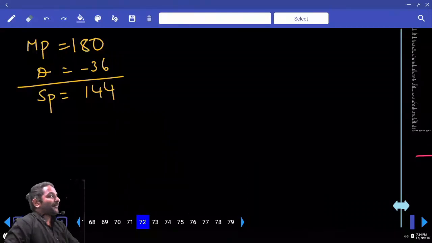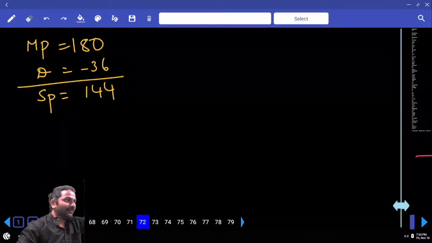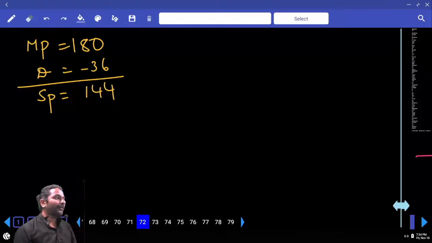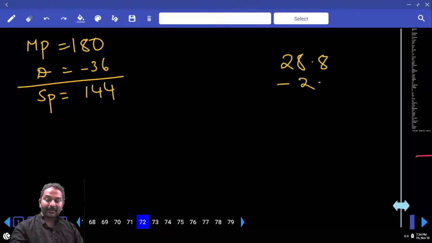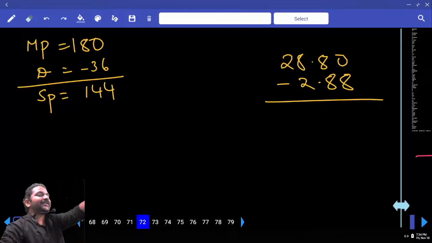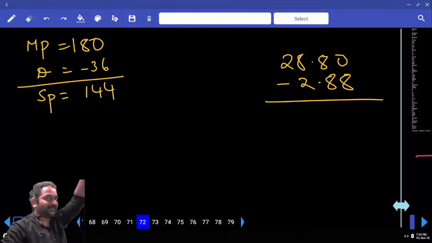How do we do it? 20 minus 2. What is 10%? 14.4. 20% is 28.8. 2% is just moving the decimal: 2.88. In place of that I'll subtract 3 and then add 0.12 later.